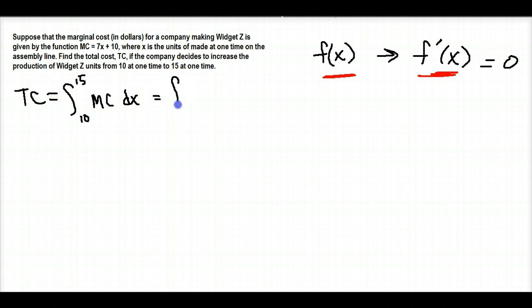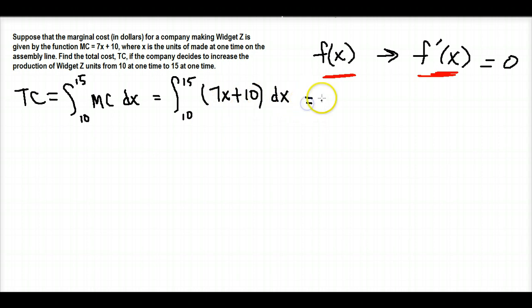And so filling in what we need to know, we know the marginal cost function is 7x plus 10. And so now this is just a matter of taking the antiderivative here.